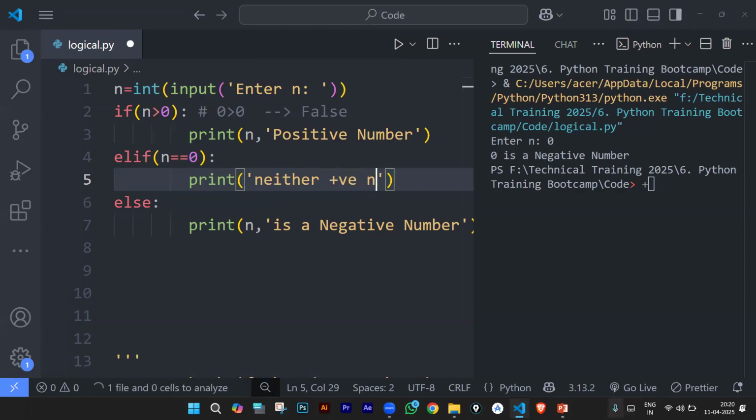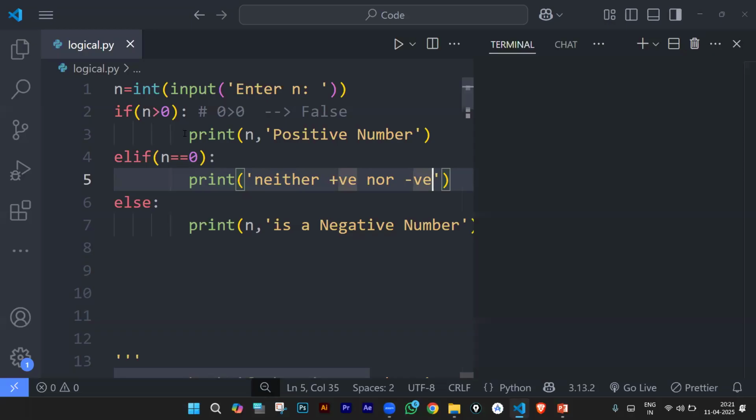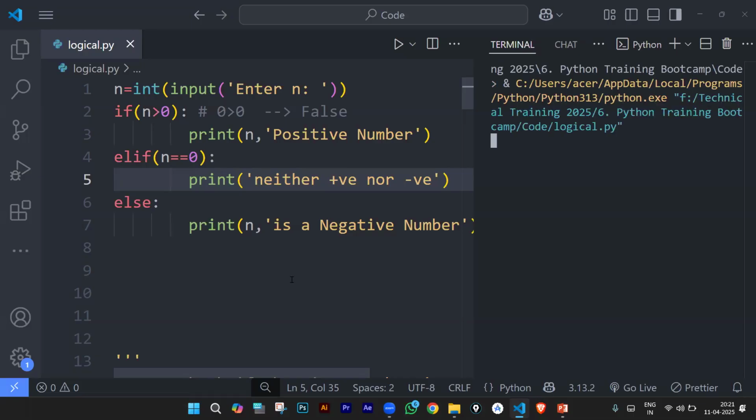So we have added one more condition. How can we add one more condition? By using elif. You need to write elif in between if and else. You can write as many elifs as you want. You can end it with an else or you can end it with an elif if you want.